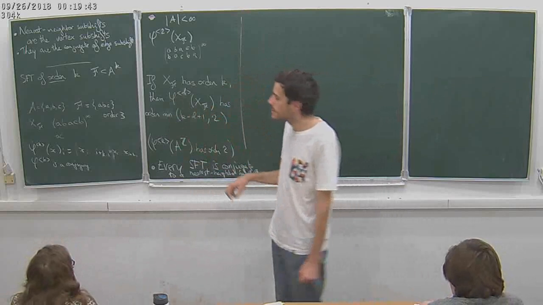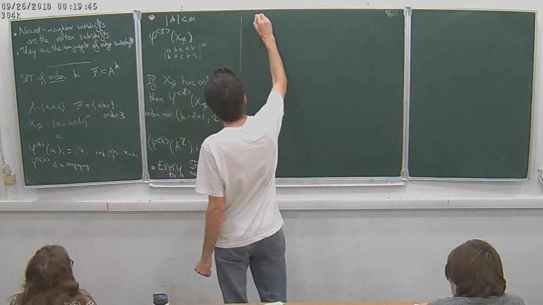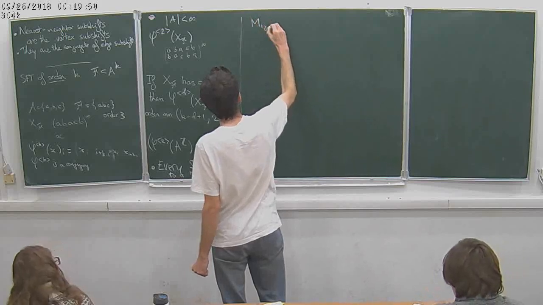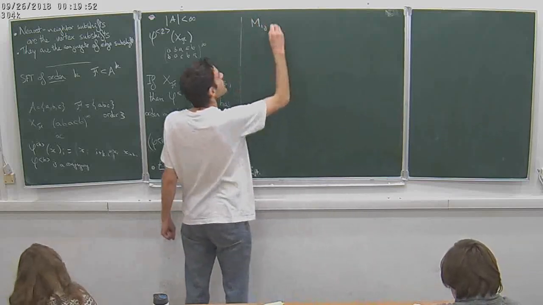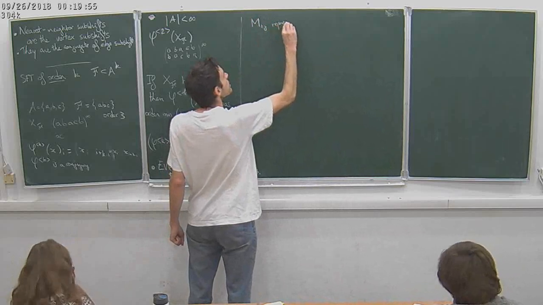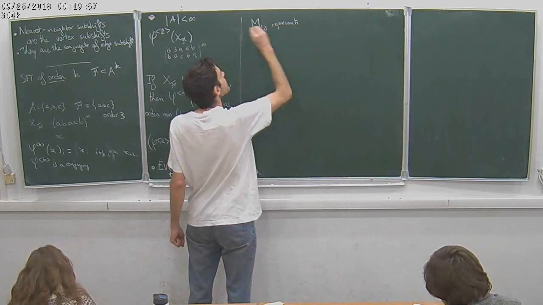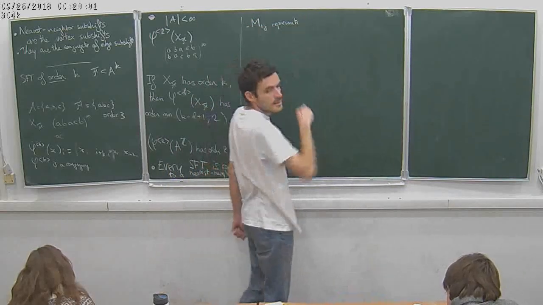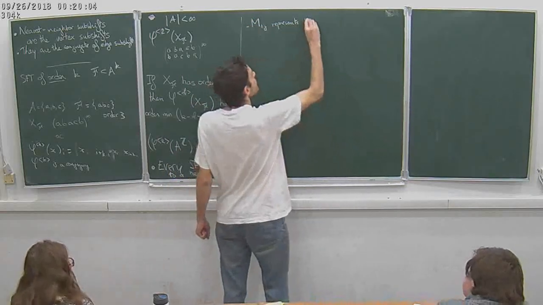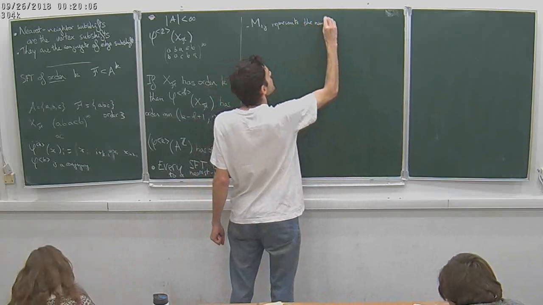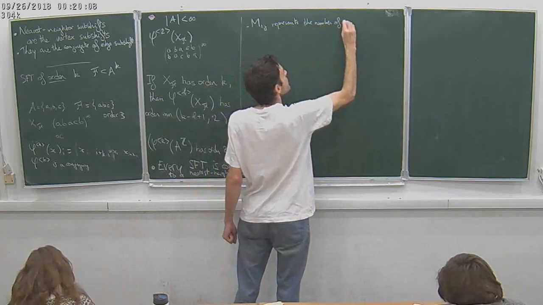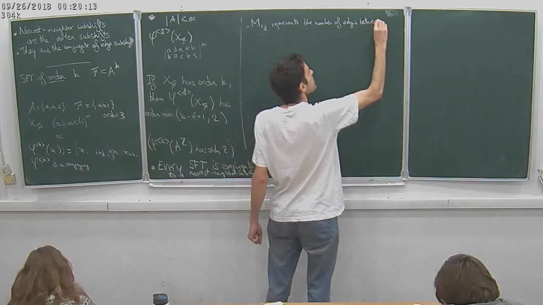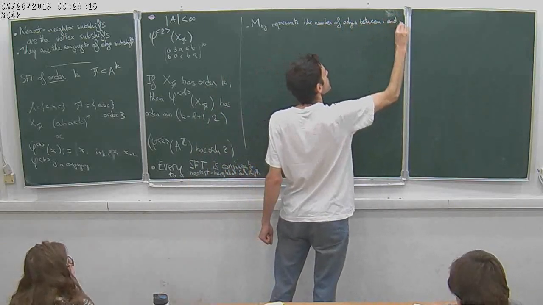It's a pity I erased the matrix, but in the matrix of the graph, we said that Mij represents what? The number of edges between i and j.